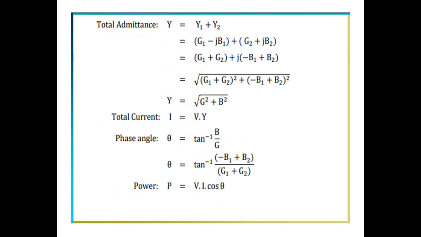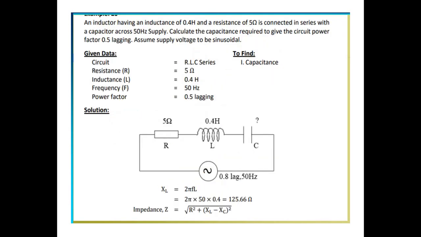Total admittance Y is equal to Y1 plus Y2, that is G1 minus jB1 plus G2 plus jB2. Here Y is equal to the root of G squared plus B squared, I is equal to V into Y, and theta is equal to tan inverse of susceptance divided by conductance, that is tan inverse of minus B1 plus B2 divided by G1 plus G2. Power is equal to V into I cos theta.